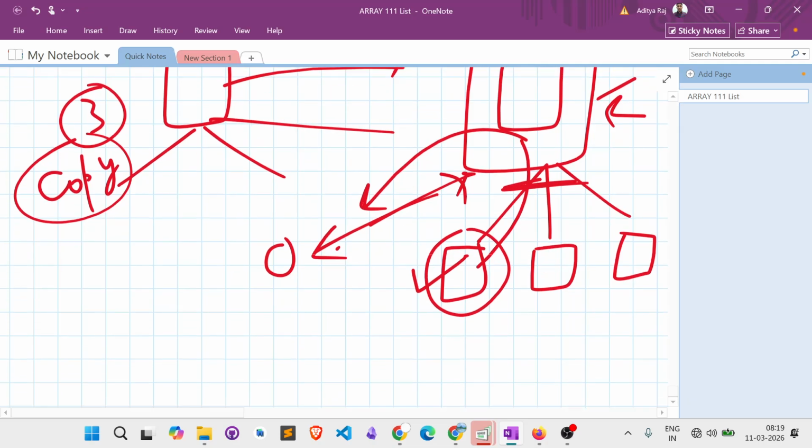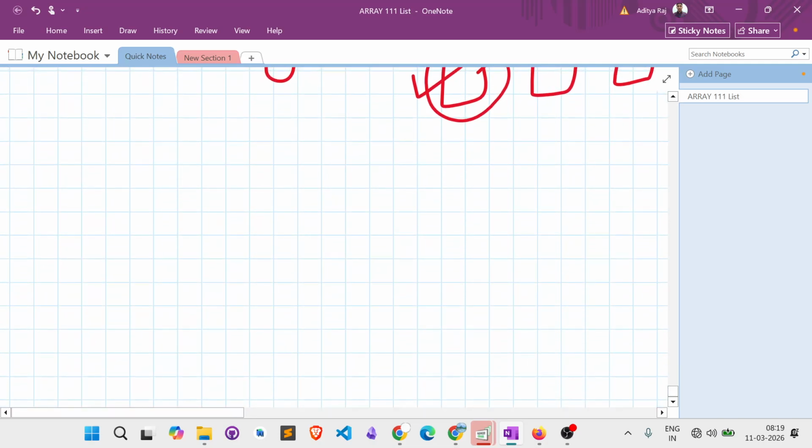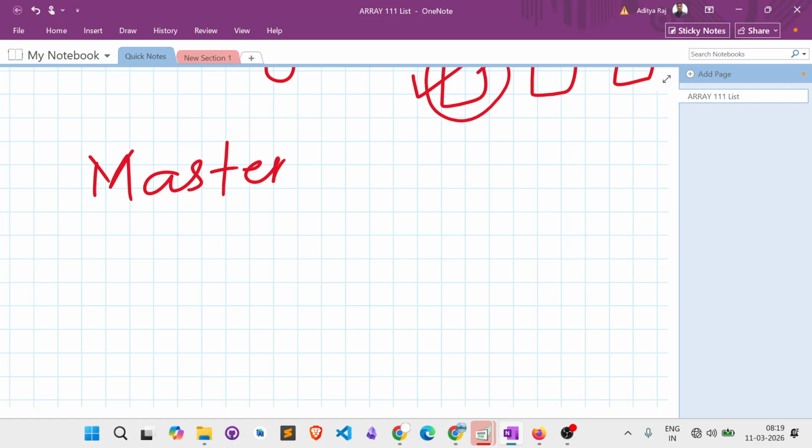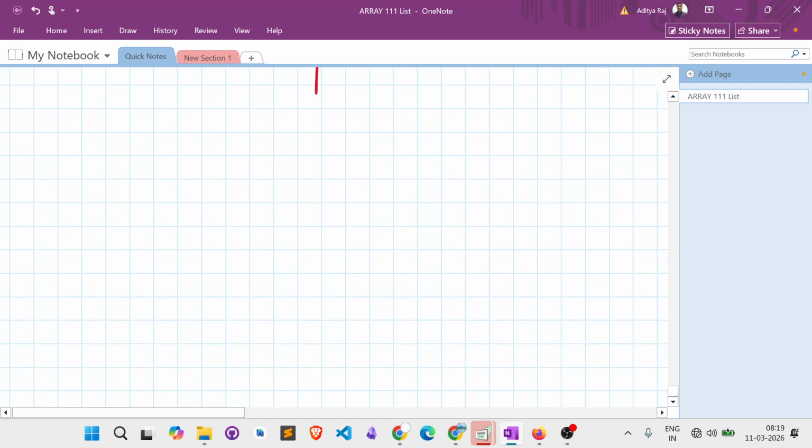Do you have any idea about master and slave node architecture? Master and slave architecture, yeah, I know. So you know how data node and name node work? It's been a while since I read those things, but I did read them. If you have some vague understanding, you can relate to my words.